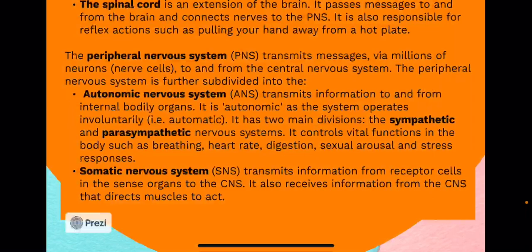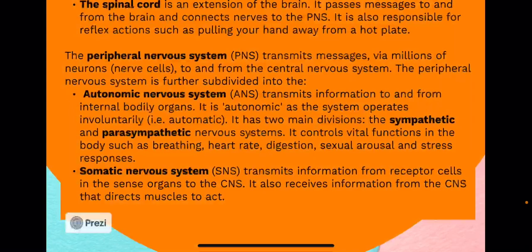It has two main divisions: the sympathetic and parasympathetic nervous system. It controls vital functions in the body, such as breathing, heart rate, digestion, arousal, and stress responses. The somatic nervous system transmits information from receptor cells in the sense organs to the central nervous system. It also receives information from the central nervous system that directs muscles to act.